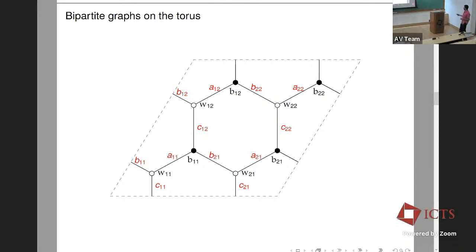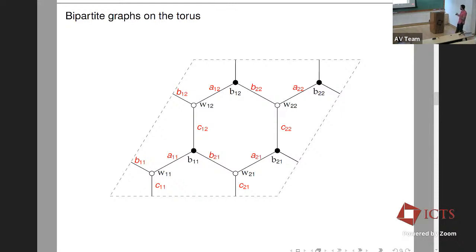Okay, so the actual setting of the cluster integrable system is not bipartite graphs on the plane, but rather bipartite graphs on the torus, where there is a very similar theory. Here is why you might want to think of bipartite graphs on the torus if you're interested in statistical mechanics. You're interested in letting the size of the graph become very large and asking what a random dimer cover looks like.